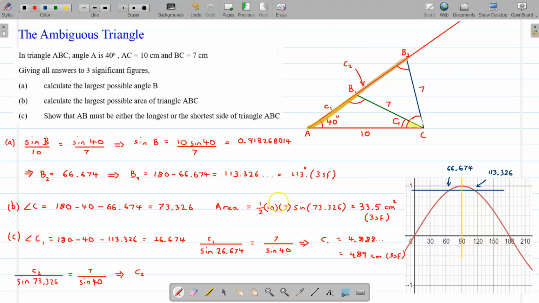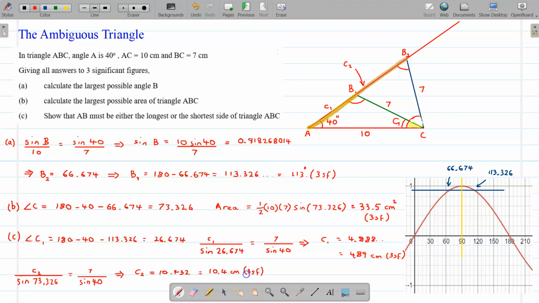What we're saying is that that comes to 10.432 if you work that out, which is equal to 10.4 centimetres to 3 significant figures.